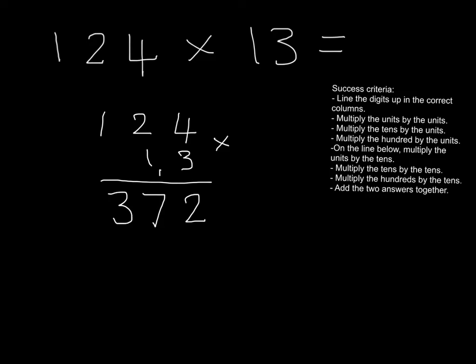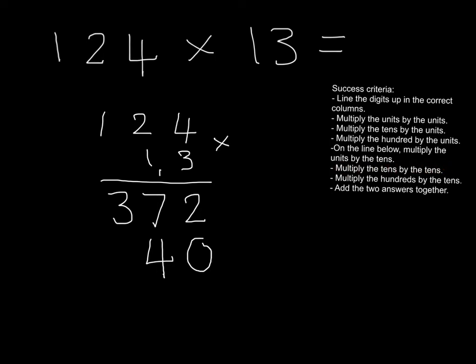Next, on the line below, multiply the units by the tens. So 4 tens multiplied by 1 unit gives us 4 tens, which we write in the tens column. However, we cannot leave the units column empty, so we must add a placeholder here.